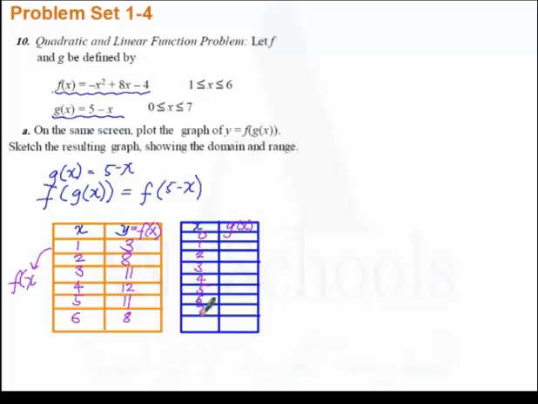If our x is equal to 0, then our g of x will be equal to 5. If our x is equal to 1, that's 4. So it's descending by a difference of 1: 3, 2, 1, 0, -1, -2.